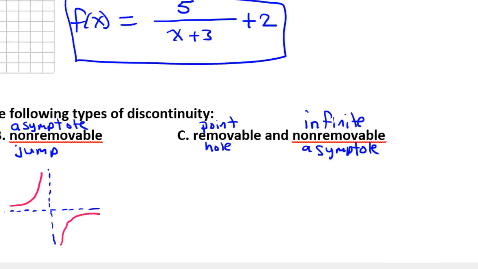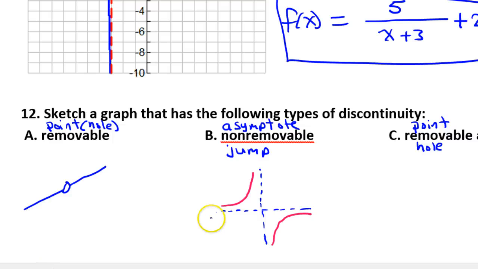Now, if I want to draw something that has both a removable and a non-removable, I need it to have a hole in it and an asymptote or a gap. But you know, we've been working with asymptotes a lot, so that's what I'm going to draw. So here I go. I'm just going to combine these two pictures into one. I'm going to draw an asymptote graph for my non-removable, but then I'm going to put a hole in it as well.